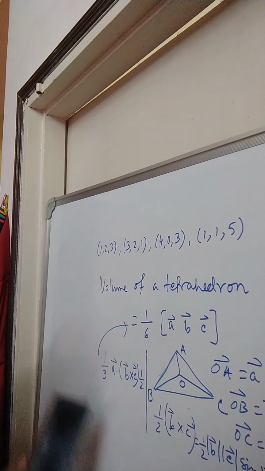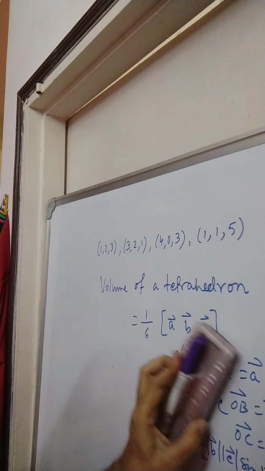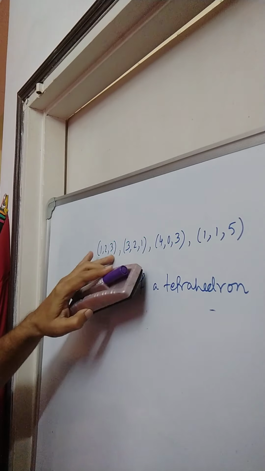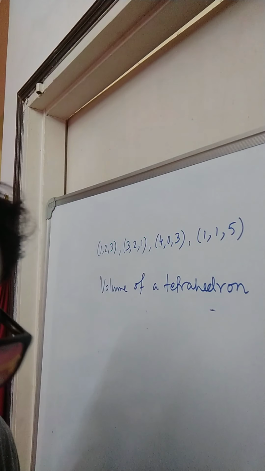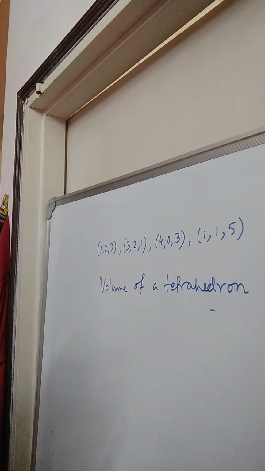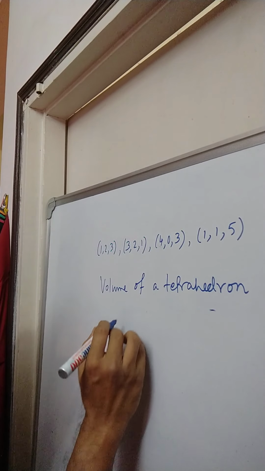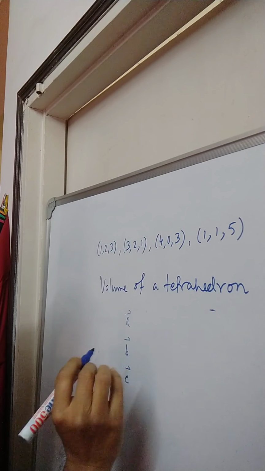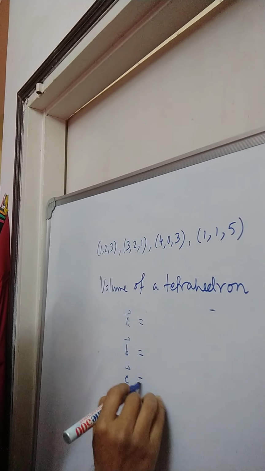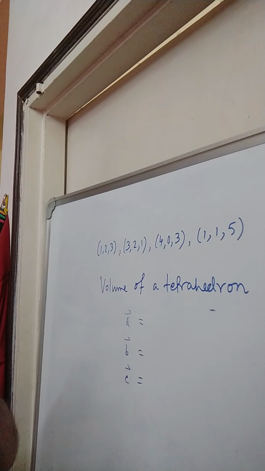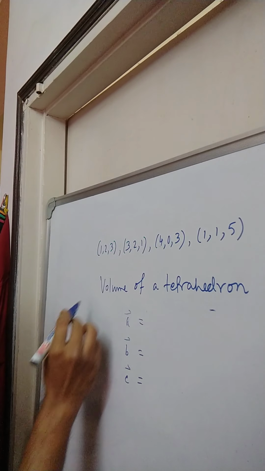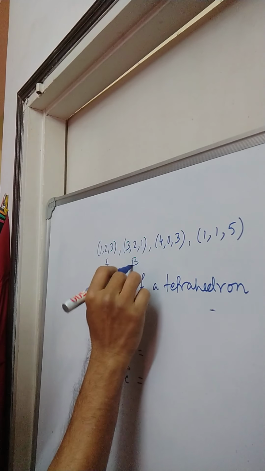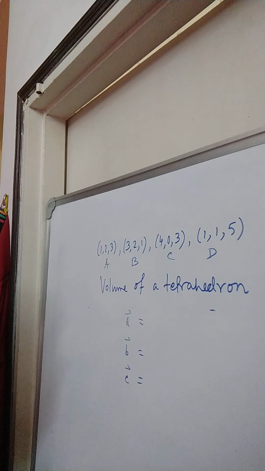So, now we move on to how to calculate the volume of a tetrahedron when these 4 points are given. Now, there is a trick. Why? Because I will have to find A, B and C first of all. So, what will be A, B and C? We have 4 points given here. So, let me write it as A, B, C and D as these 4 points.